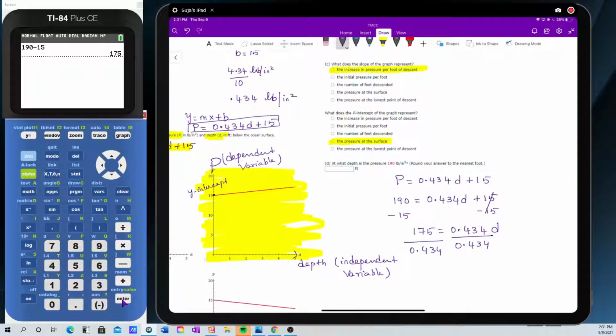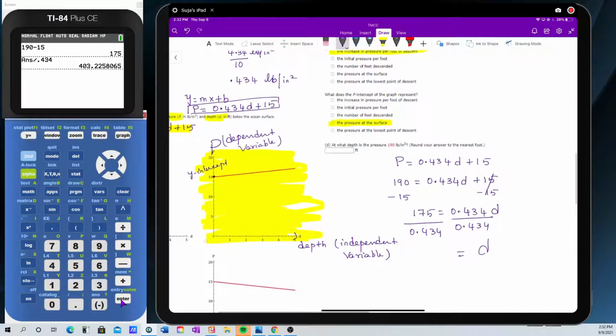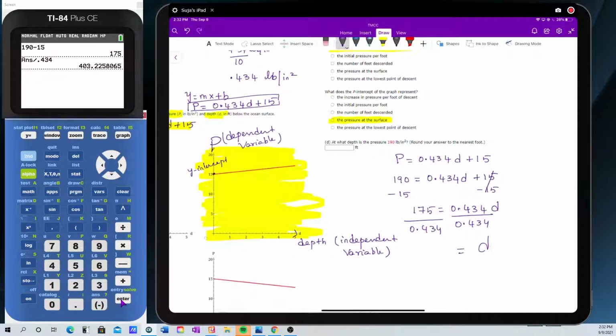To get D by itself, I have to divide by 0.434. Therefore, my D would be equal to 175 divided by 0.434, which is 403.22.